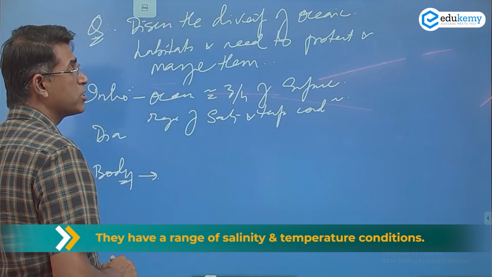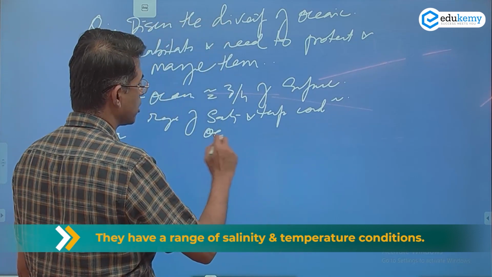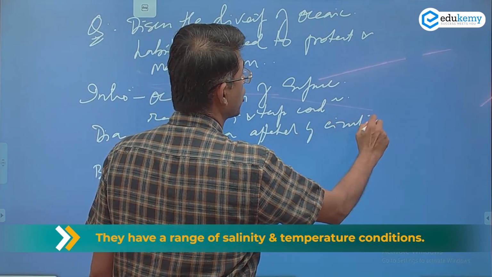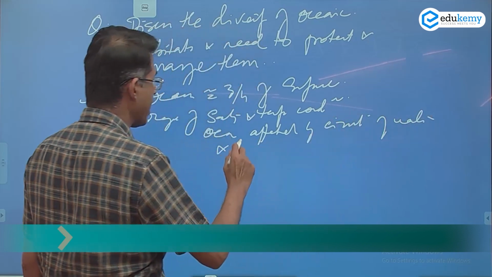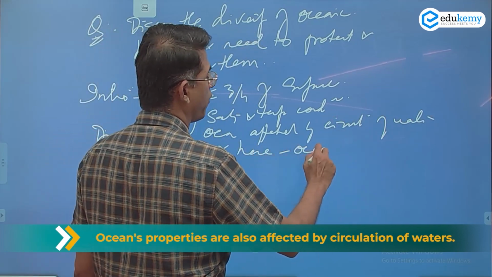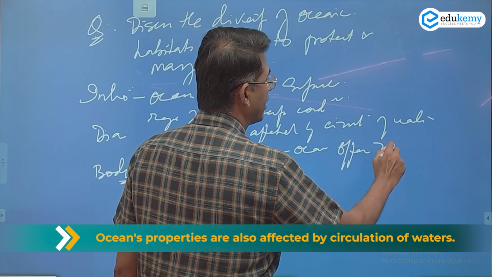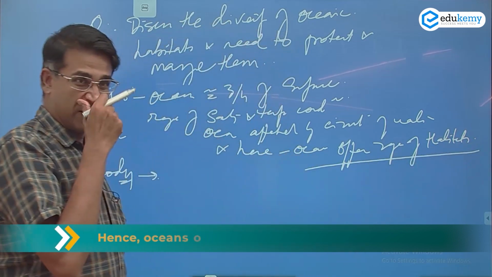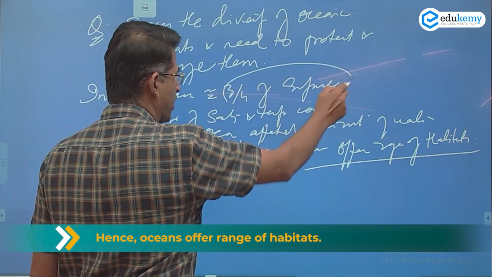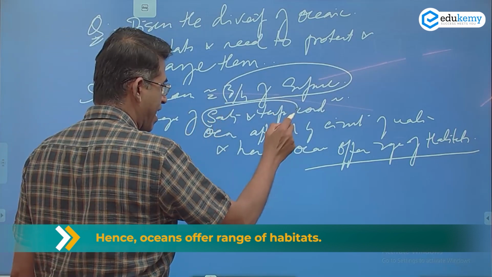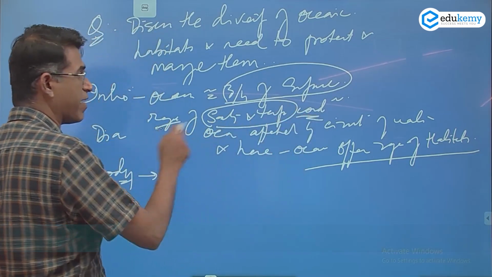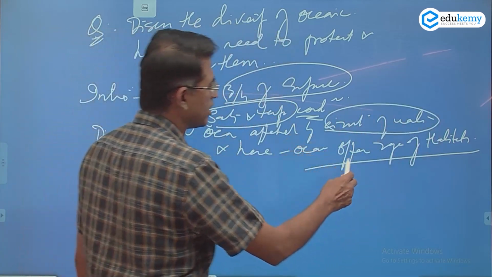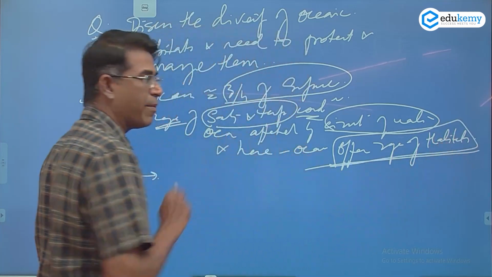Oceans are also affected by circulation of waters, and hence oceans offer a range of habitats. So they make up a large area of the Earth's surface, their salinity and temperature conditions greatly vary, you also have circulation of the waters, and linked to this there are a range of habitats.